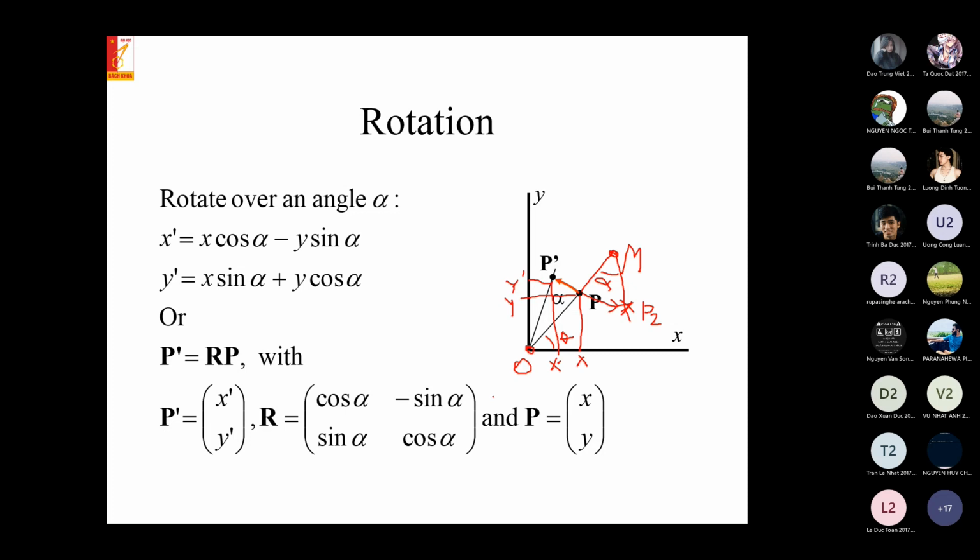How do we deal with that? Here the M is the origin, which is not coincident with the O, the 0 point of the coordinate system.